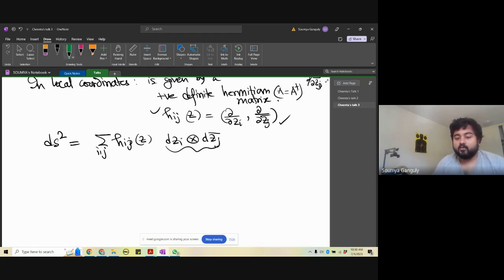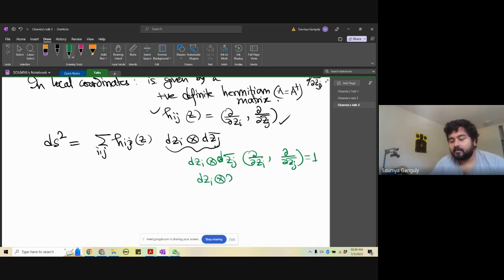We briefly talked about it. This is a differential form. It takes the vector ∂/∂z_i and gives you 1. For all the other vectors, if you take some ∂/∂z_k, ∂/∂z̄_l, it will become 0.